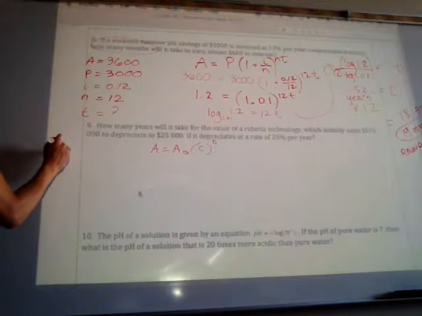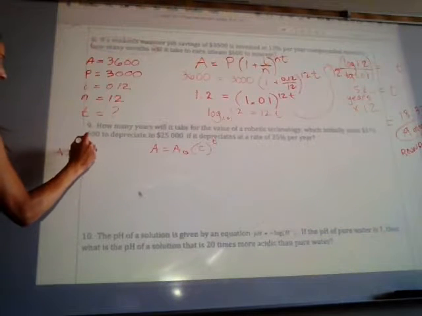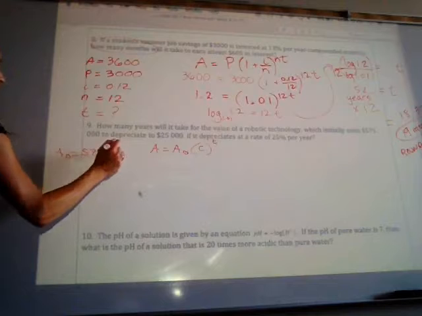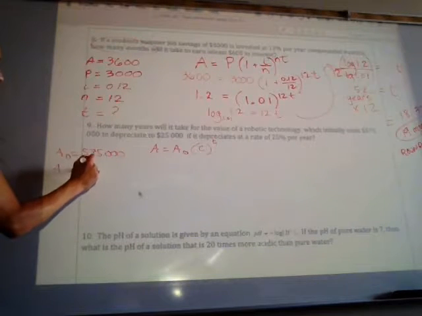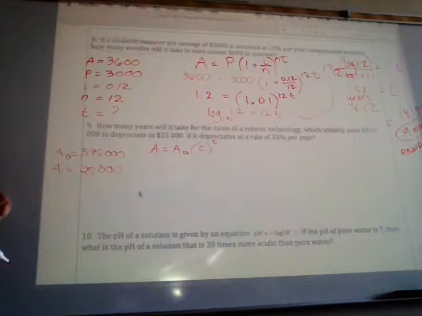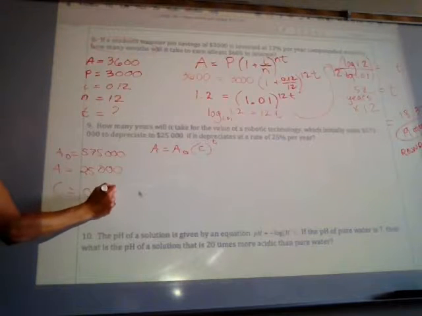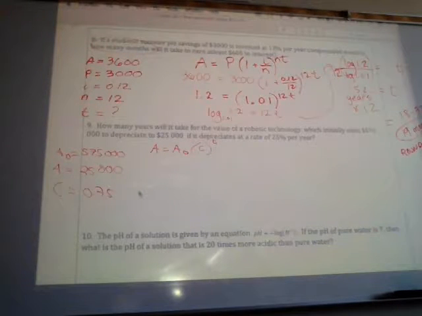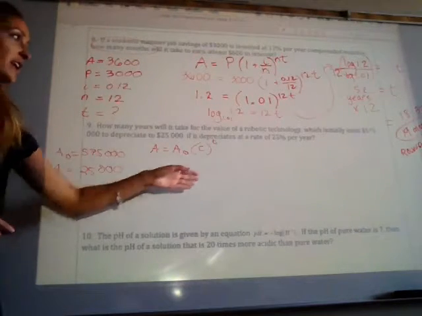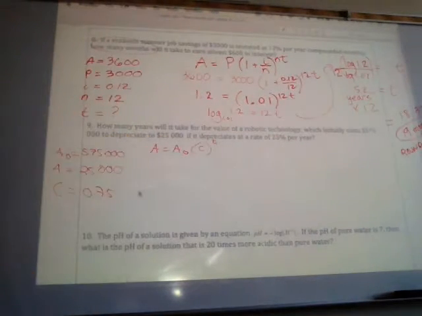Initial amount, 575,000. Final amount, 25,000. Okay, if it's depreciating by 25%, your C value will be 75% of what it was before. So it's basically 100%, and it's depreciating, so you're subtracting 25%.